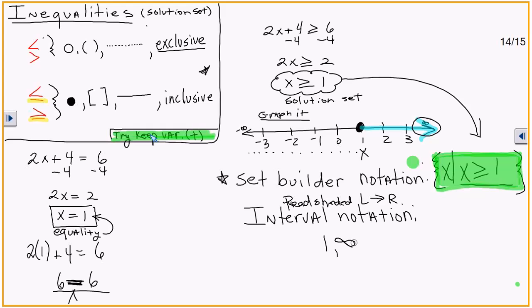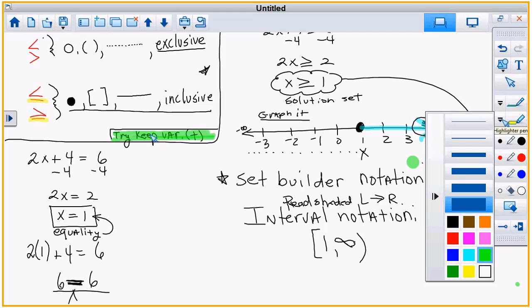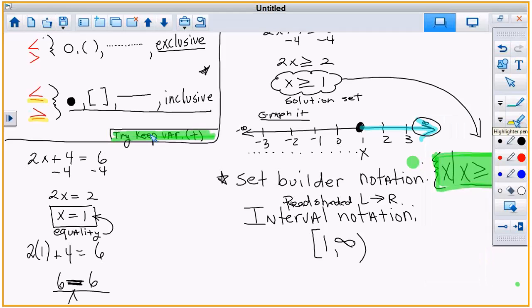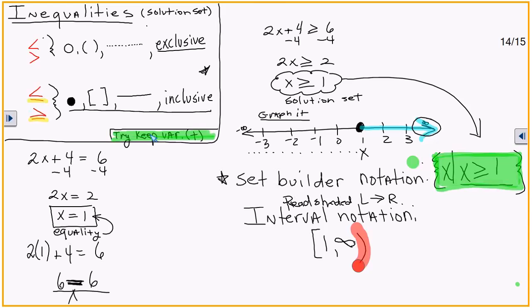And we put a bracket here. How do you know that, Hubert? And what do we put on infinity? Infinity always gets, negative infinity always gets a parenthesis, and I'm going to put that in red so you'll remember. Always a parenthesis on negative infinity and positive infinity. Why? Well, somebody tell me what infinity is. Give me a number.